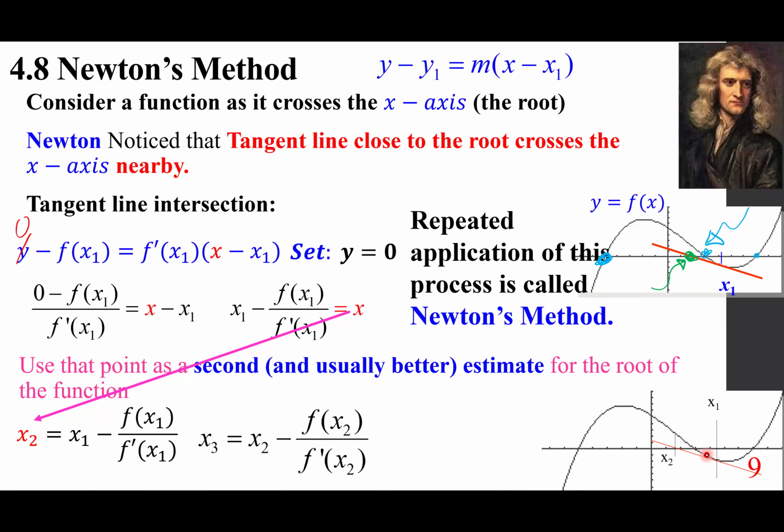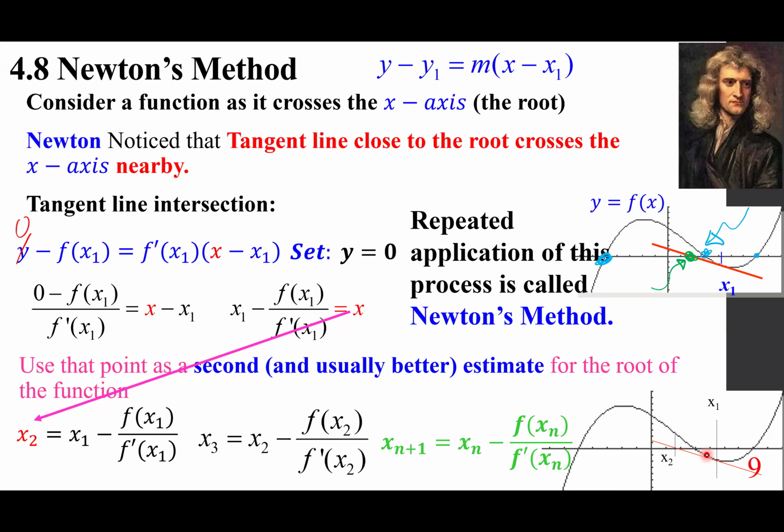So repeated application of this process is called Newton's method. And it's x sub n plus 1 equals x sub n minus f of x sub n over f prime of x sub n.